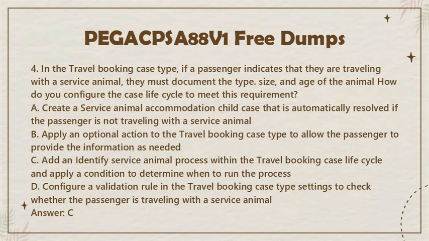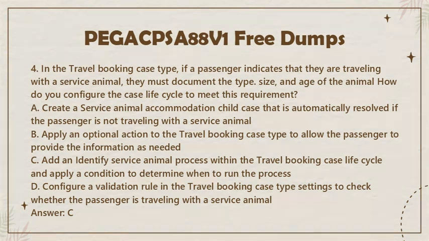4. In the travel booking case type, if a passenger indicates that they are traveling with a service animal, they must document the type, size, and age of the animal. How do you configure the case lifecycle to meet this requirement? A. Create a service animal accommodation child case that is automatically resolved if the passenger is not traveling with a service animal.